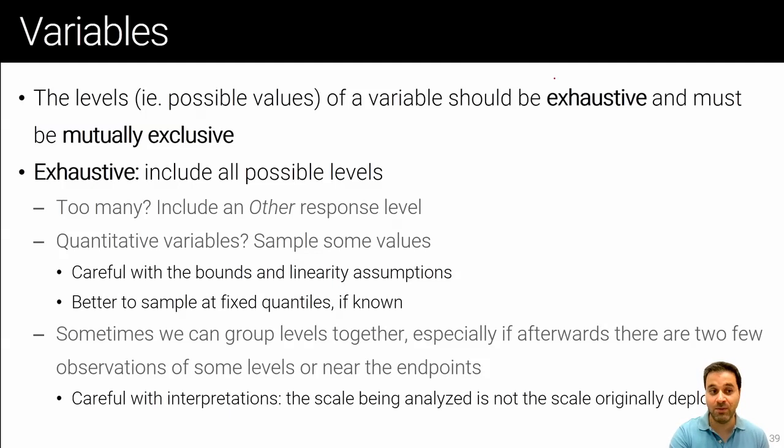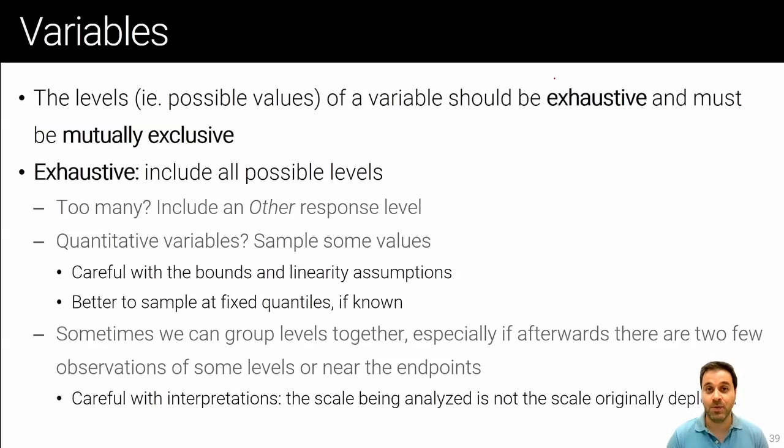We should pay more attention to lower values or higher values, because that's where most of the effect is happening. Something that is better is to sample at different quantiles, so at points that are dividing the scale in equally sized groups of data.